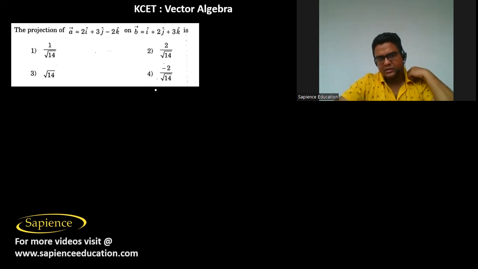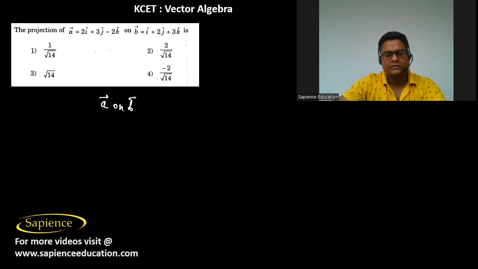Then here it is told that we have to find the projection of vector A on the vector B. So suppose we have vector A and vector B. Its projection on the vector B is nothing but magnitude of A cos theta.